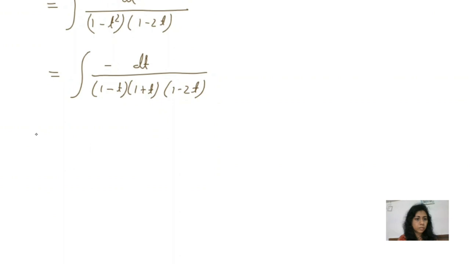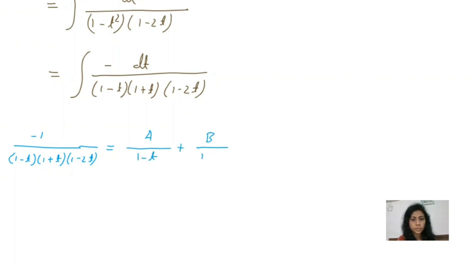So this part we can write minus 1 upon 1 minus t, 1 plus t, 1 minus 2t. Three fractions here. So we can easily write like this: A upon 1 minus t, B upon 1 plus t, and C upon 1 minus 2t. Now we can find out A, B, and C values.